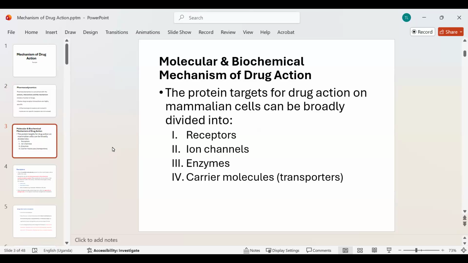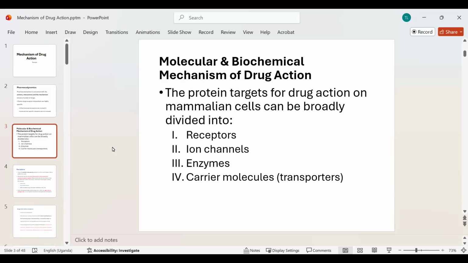So receptors are broadly classified into these four: we have the receptors, the ion channels, the enzymes, and also the carrier molecules.